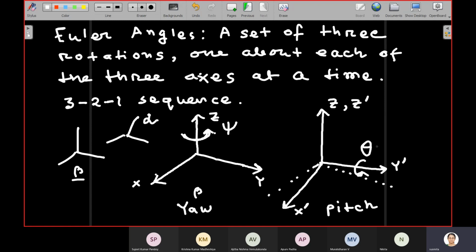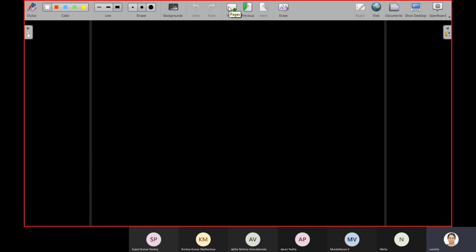Since the pitch rotation is applied about the y-axis, the y-axis remains unchanged, and only z and x will change their orientations.